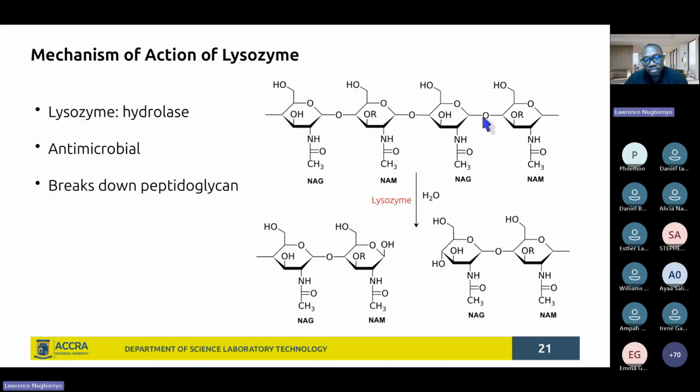So these are monomers, which are monosaccharide derivatives, bonded with these glycosidic bonds between them. And this structure is a major component of the bacterial cell wall. Now, what lysozyme does is to catalyze the hydrolysis of the glycosidic bond between these monomers.